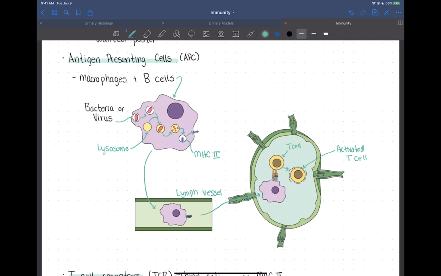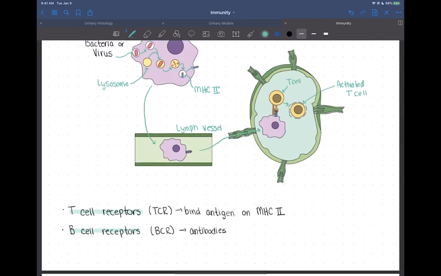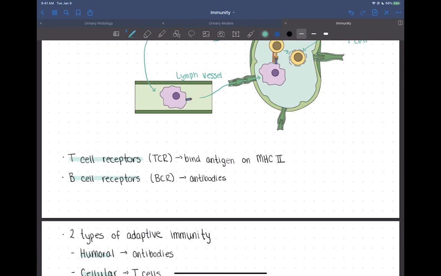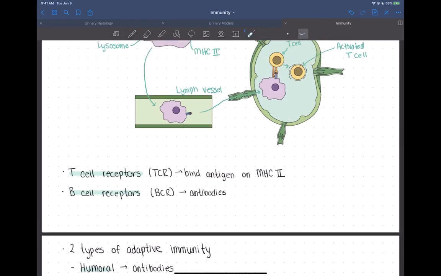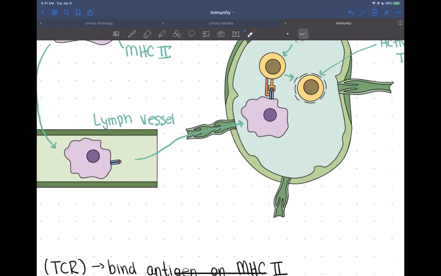All right, and then there are two more cell surface proteins that you should know. Those are T cell receptors and B cell receptors. On the surface of this T cell we were looking at up here, if I zoom in really quick so you can see it, it has this little orange bracket here. That would be the T cell receptor.